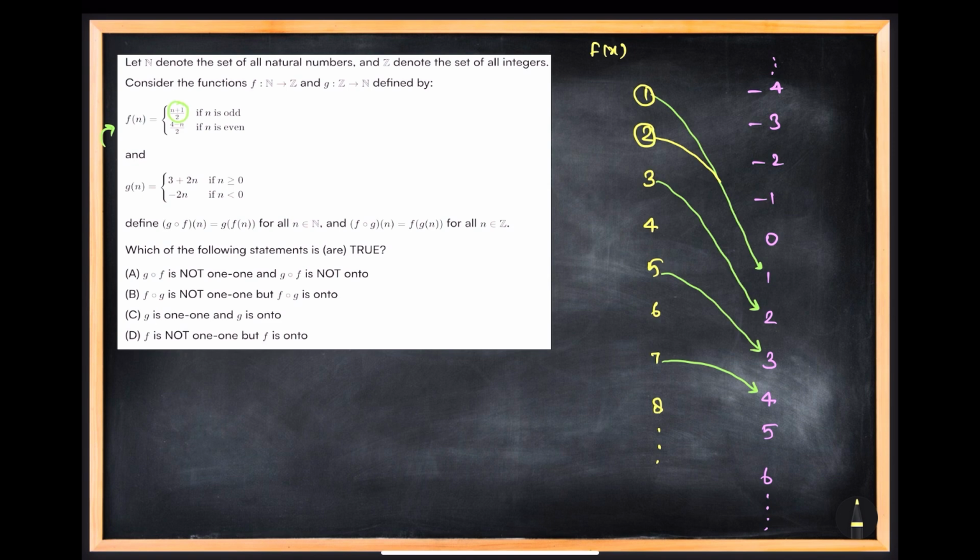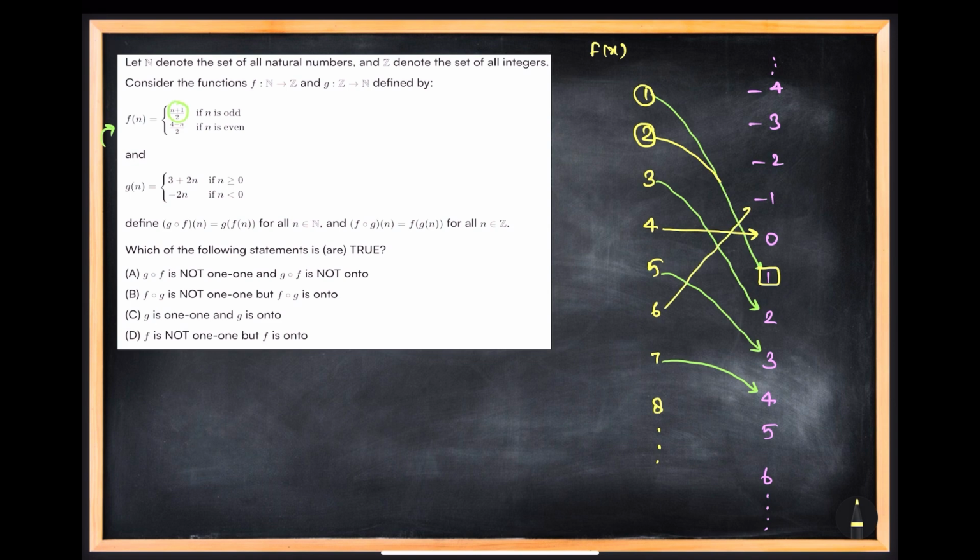Now I will talk about 4. So 4 minus 4 is 0, 0 by 2 is 0. So this 4 is connected with 0. Now 6. 4 minus 6 is minus 2, minus 2 by 2 is minus 1.